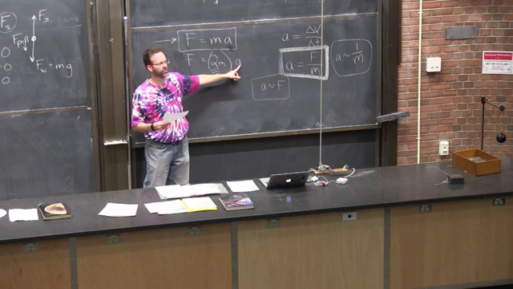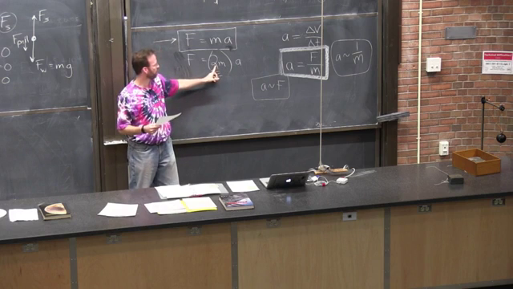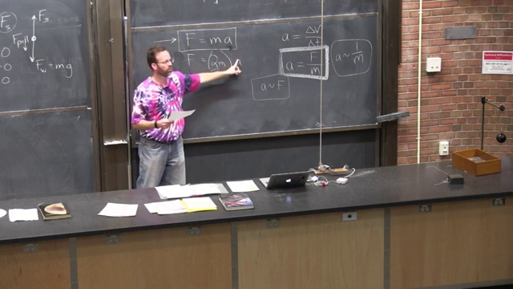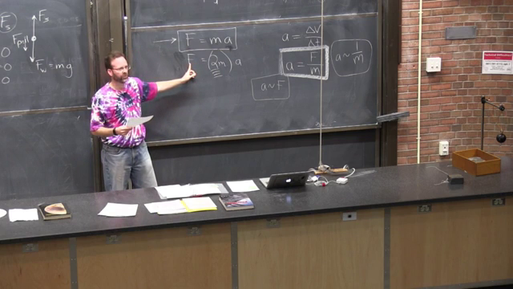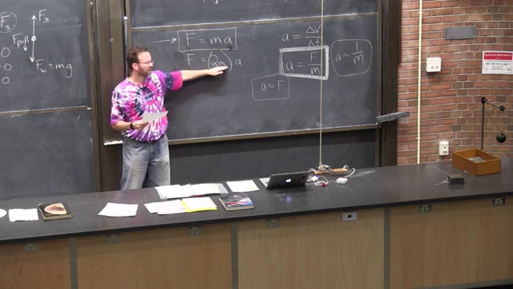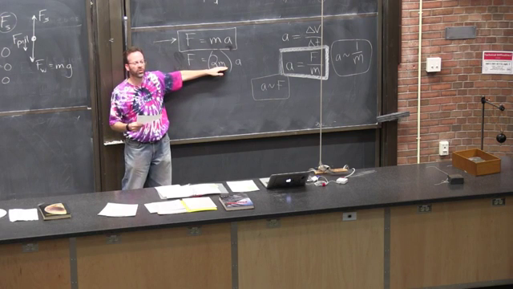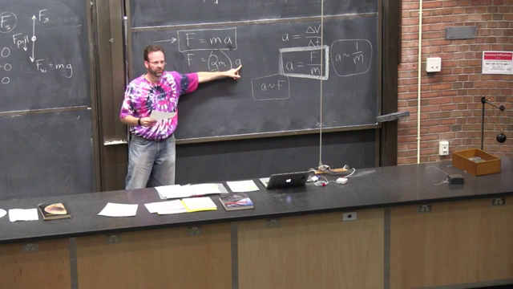Hopefully that's more obvious to you now. If this goes up by 2, this must go down by 2 to keep the force constant. So it's half. The acceleration would be half. Conceptually, it's got twice the mass, twice the inertia. It's going to resist twice as much, so it won't accelerate twice as much. It will accelerate half as much.